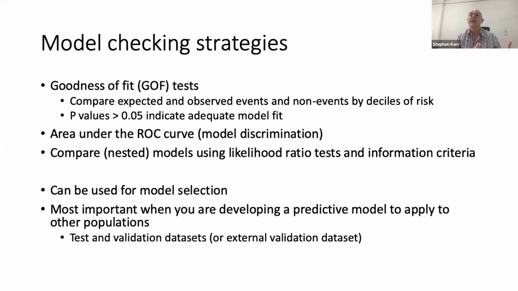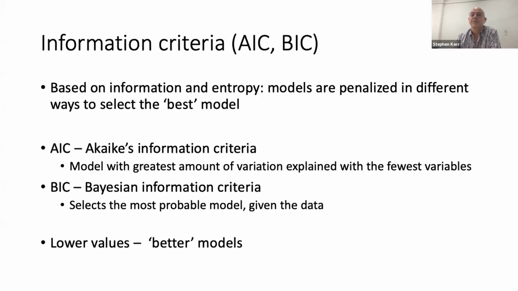You would test and develop your model in the testing data set, and then you would validate that you got the same results when you applied it to your validation data set. An even better thing to do is to use your own data set and then apply it to an external validation data set from another source.